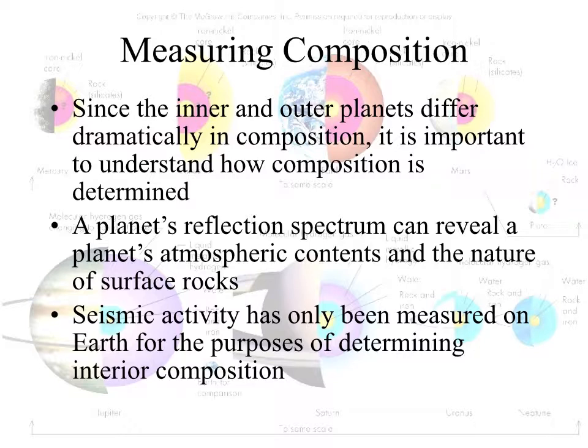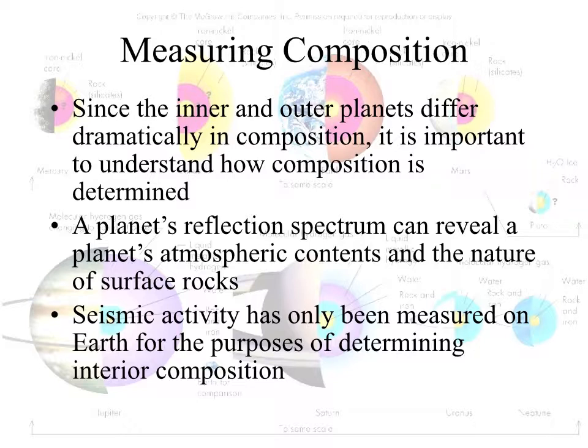Reflection spectra are very important because, as you know, the only place that man has traveled is out to the moon. Beyond that, the information we gathered is mostly from reflection spectra. That's why in chapter 4 we look at light and the behavior of light to understand how we could analyze the light that we see coming from space.